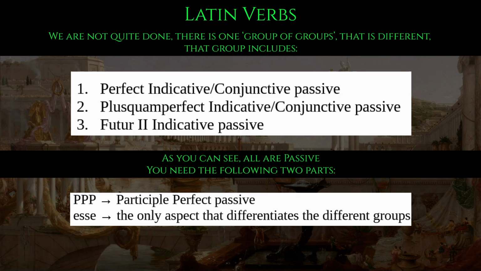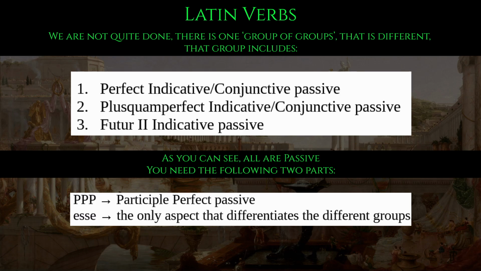Here, it is even simpler. Each verb of those groups is spelled the following way, with a participle perfect passive plus esse. And esse, which is the verb to be, is the only aspect that differentiates the different groups.